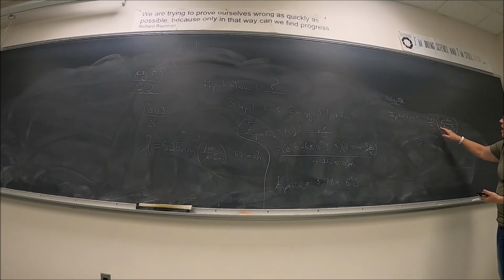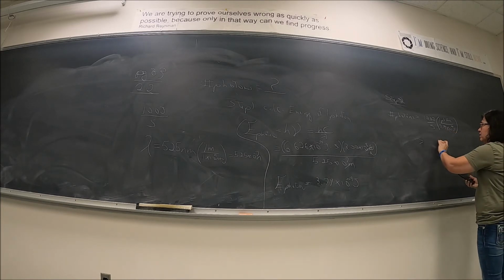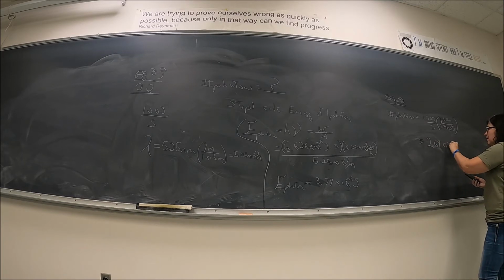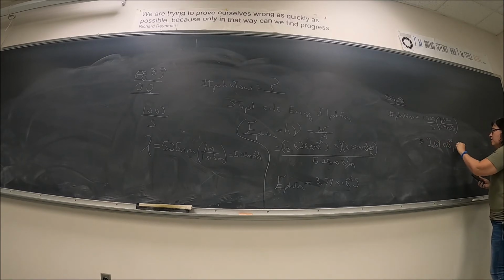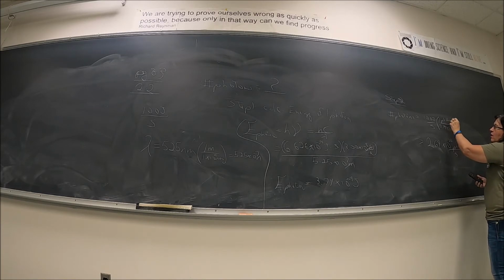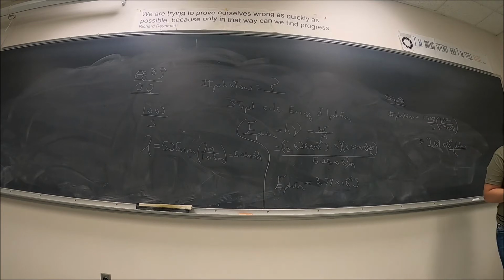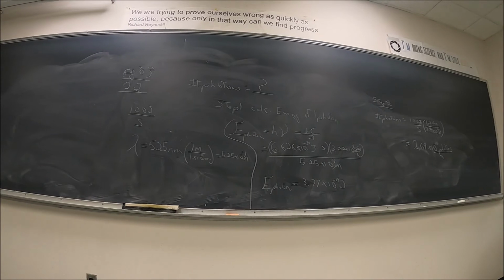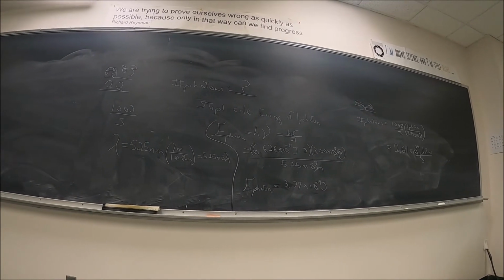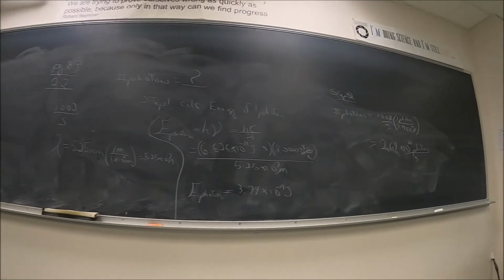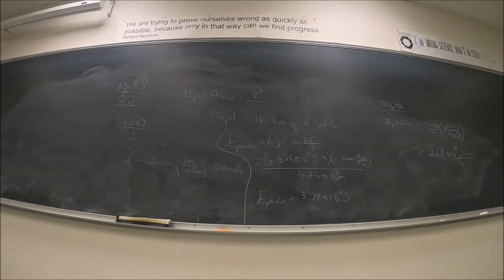So I'm going to take 100 and divide it by 3.79 times 10 to the minus 19. And I'm going to get 2.64 times 10 to the 20 photons per second. So notice joules and joules divide out. I'm left in photons per second.